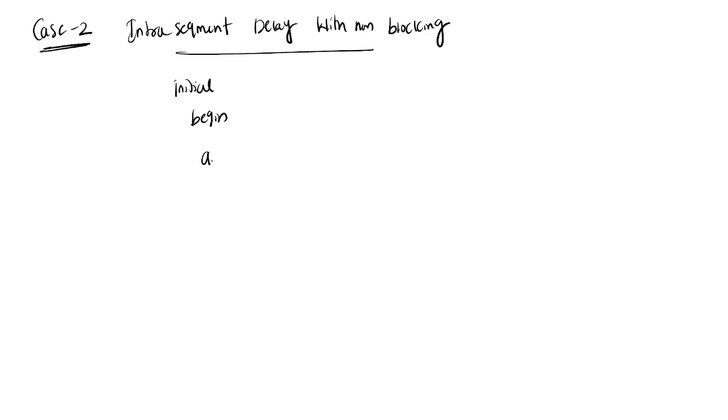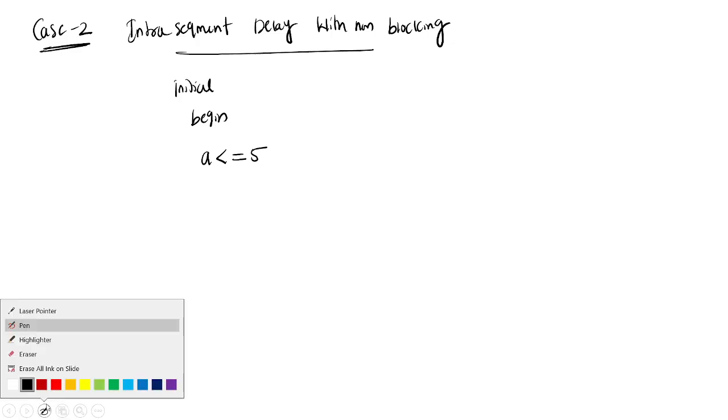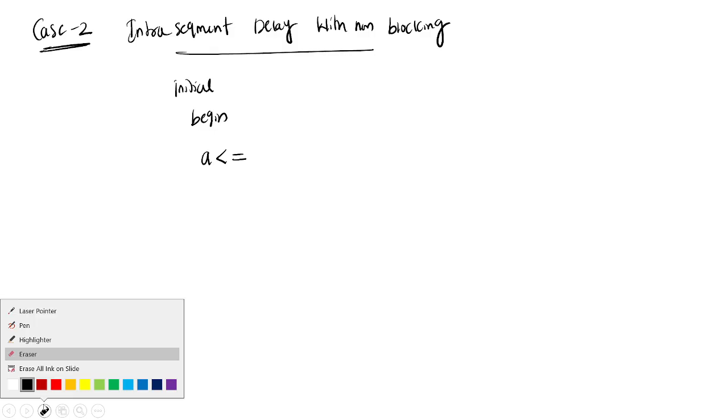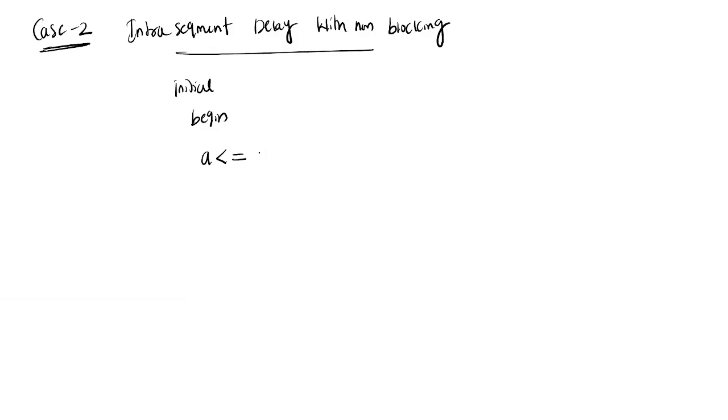A non-blocking with hash 5 0, B non-blocking with hash 10 1. Okay, end. So here, after how many time units does the B value become 1?